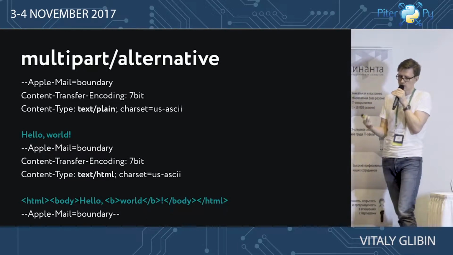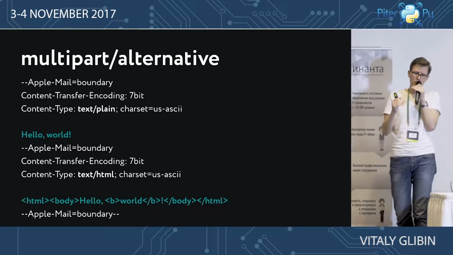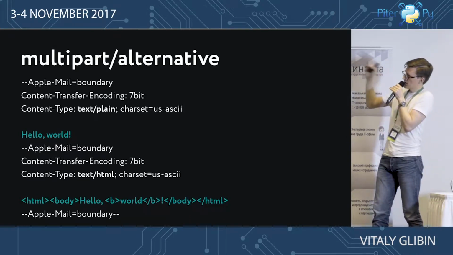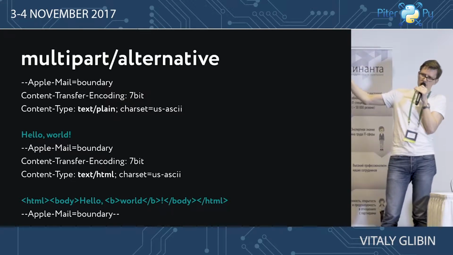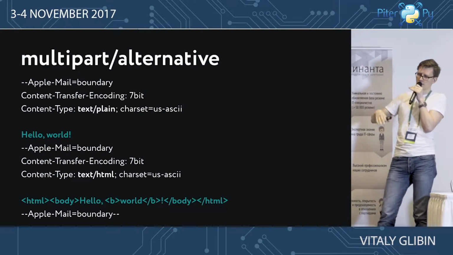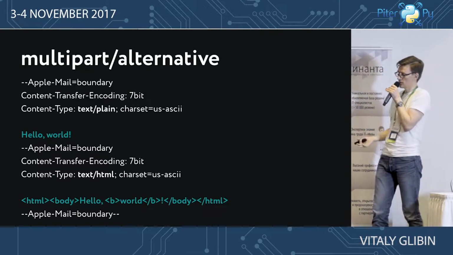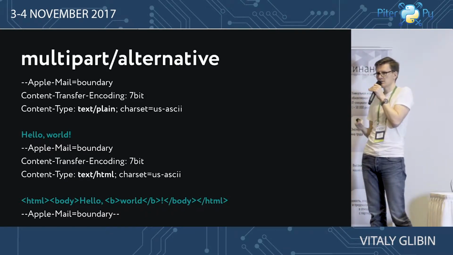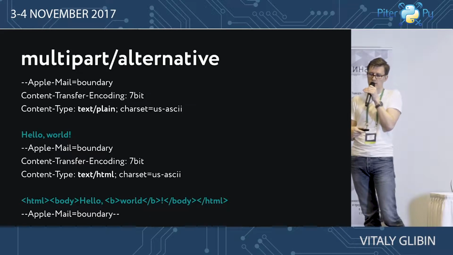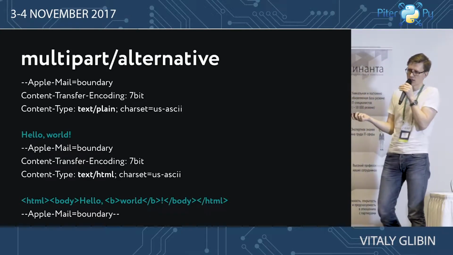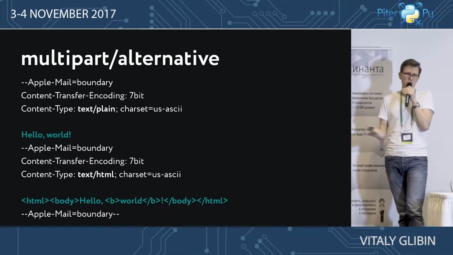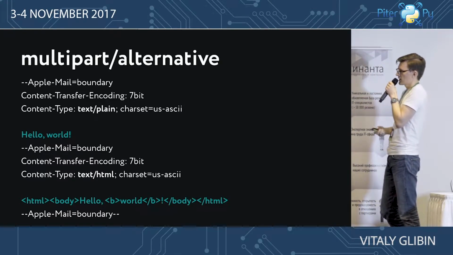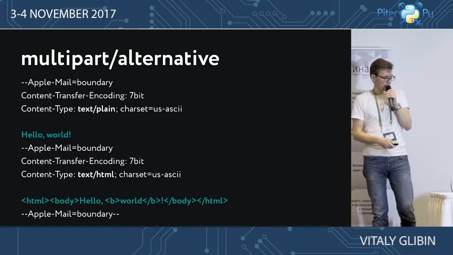Another is HTML, and the standard requires, when such a letter is written, to show the least supported first and then the highest priority. And if your email client opens it in HTML, then all the patterns and styles could be shown as well.